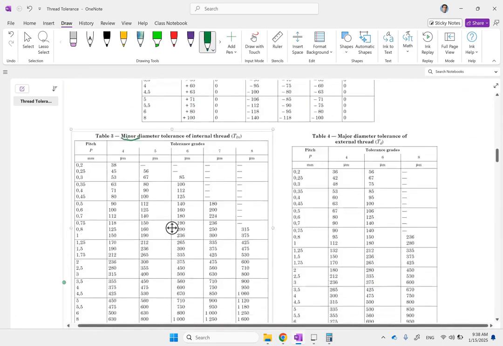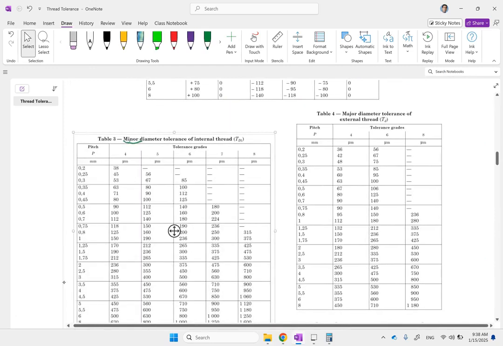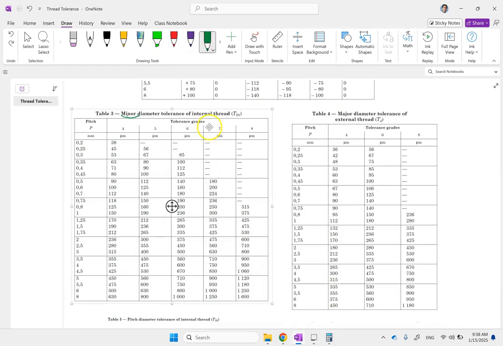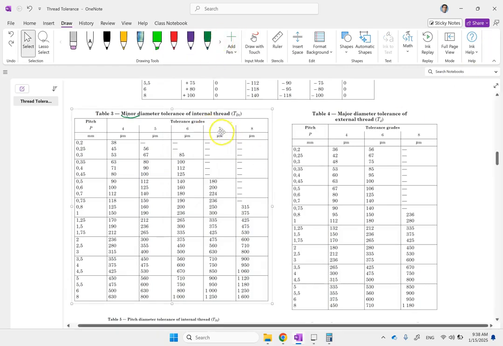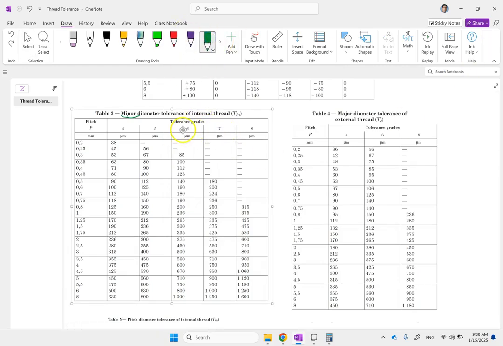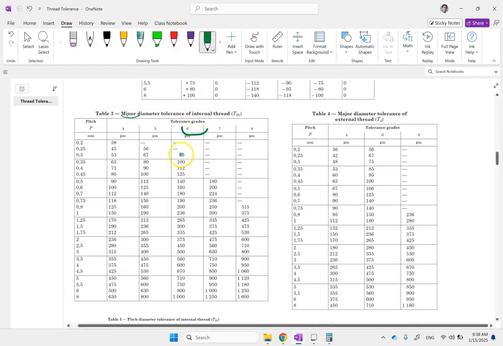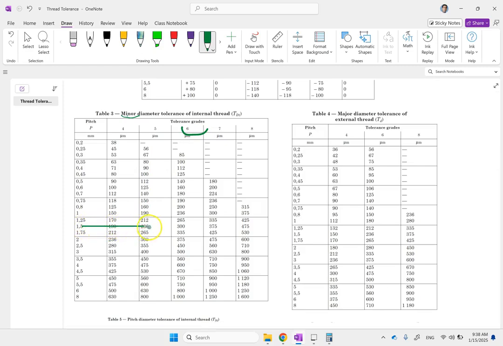So we're going to use class 6. And for class 6, which is right here, we are going to have the pitch of 1.5. So it's here, and pitch of 1.5 is here. And if we go down, the number you will get is 300 microns. So 300 is for minor.